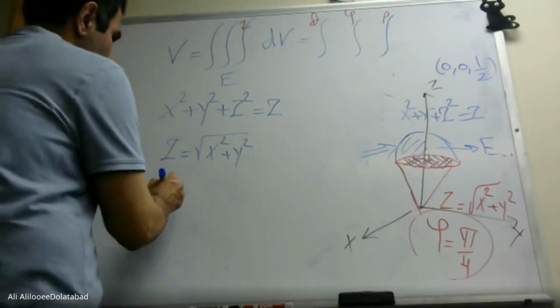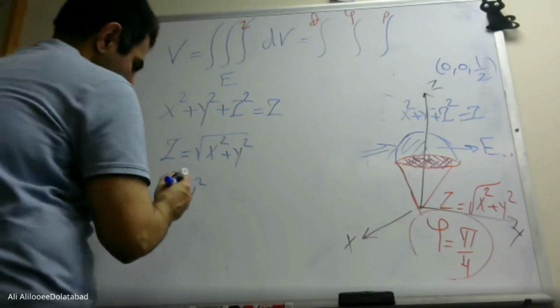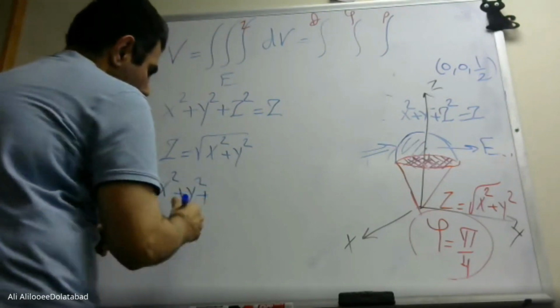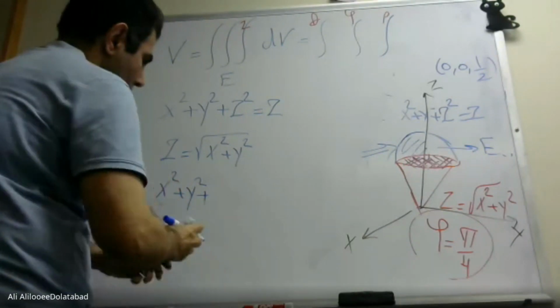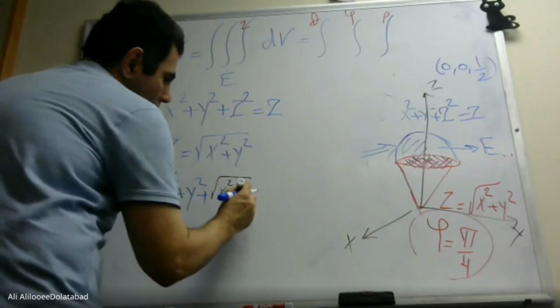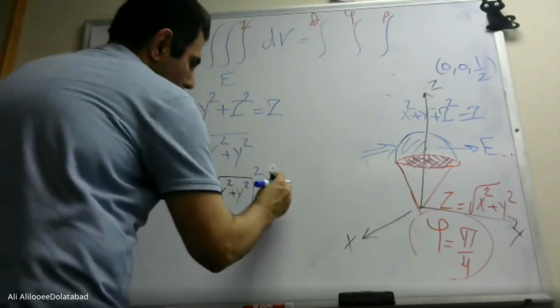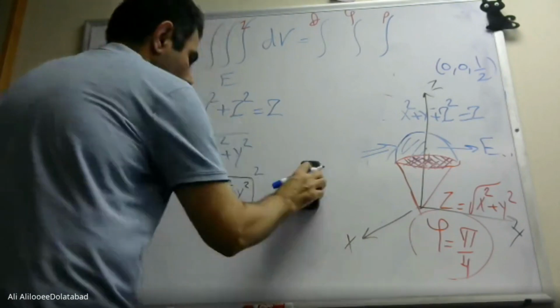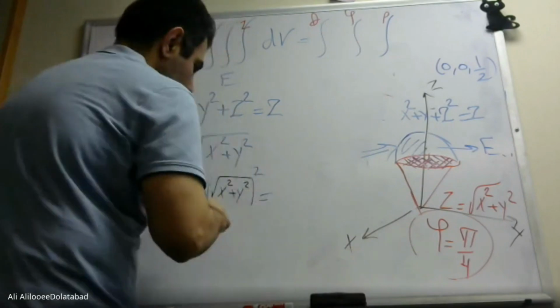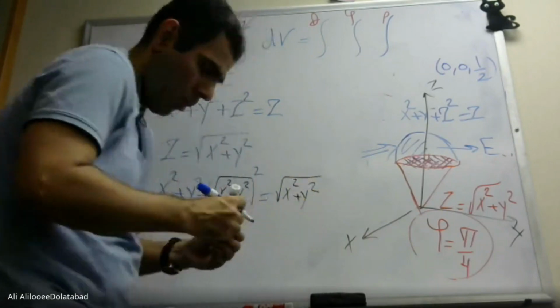Then let's do it. We have x squared plus y squared plus z squared, here we have root x squared plus y squared, equal to root x squared plus y squared.